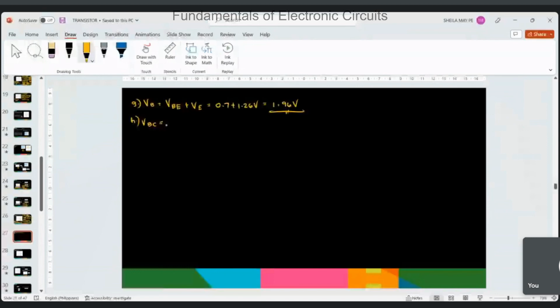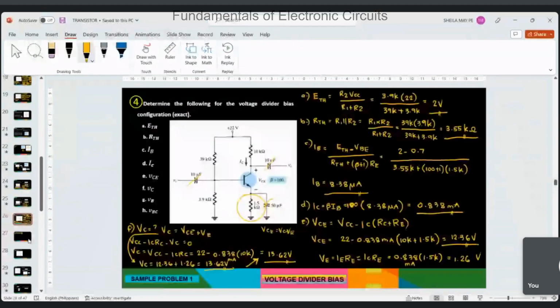So that would be minus 11.66 volts. So that's how you find the voltage divider bias configuration using the exact analysis.